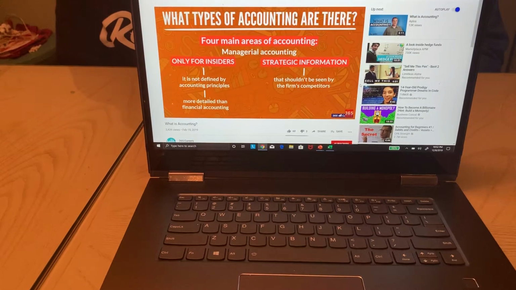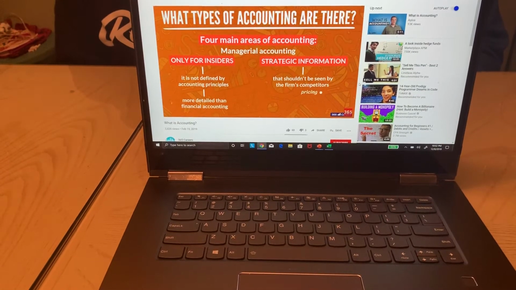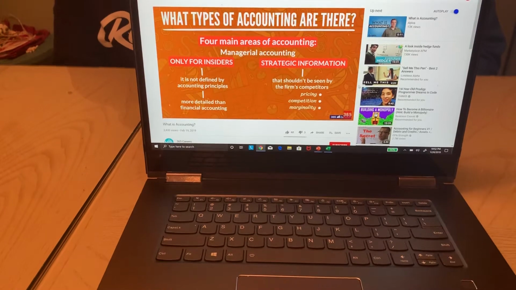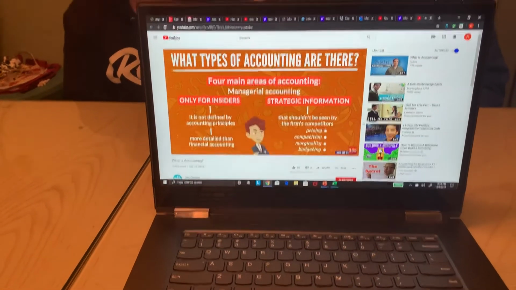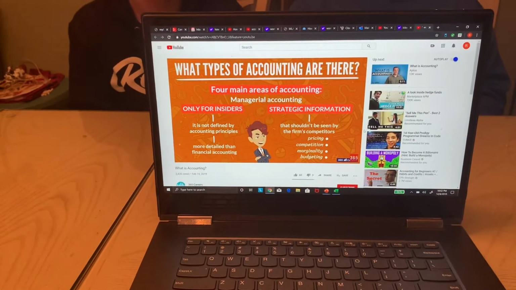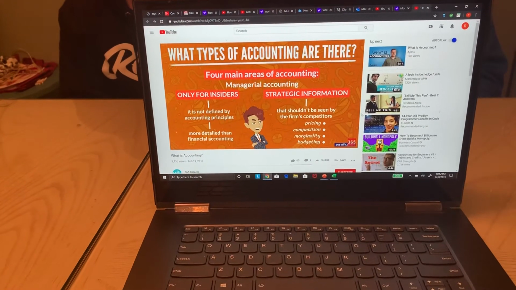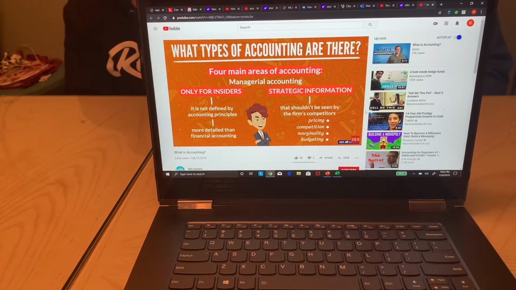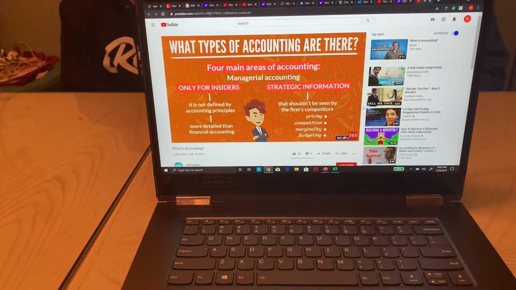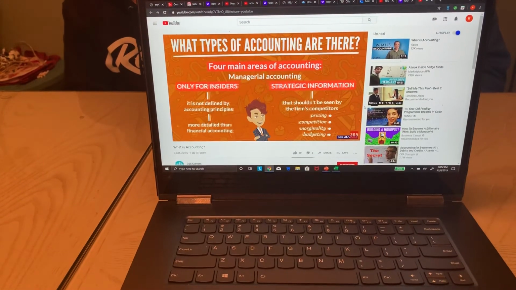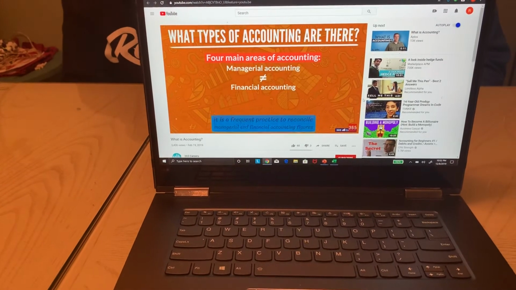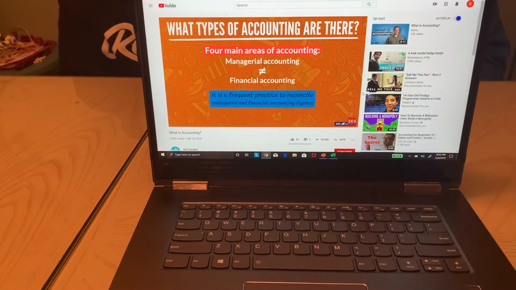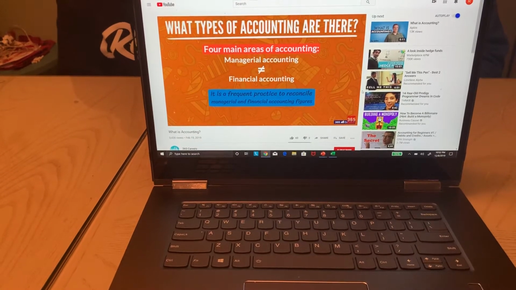Managerial accounting looks into topics like pricing, competition, marginality, budgeting, and so on. The company does not want to reveal this information to outsiders because, well, otherwise outsiders will prepare a counter plan and gain strategic advantage. Of course, managerial and financial accounting are often interrelated, and it is a frequent practice to reconcile managerial and financial accounting figures.